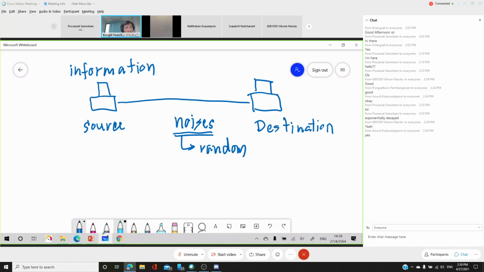So if we don't have noise, whatever we send, we're going to receive. But with noise, you may have some errors. So there are some uncertainties. And whenever you have uncertainty in your problem, not just communications, you're going to see probabilities. That means you cannot give the exact answers.